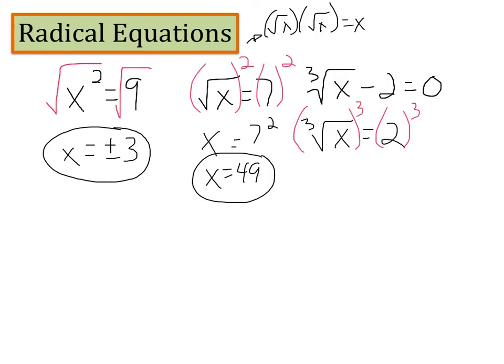When I do that, I have x on the left side, and then I have 2 cubed. 2 cubed equals 8. So these are pretty simple examples, but this is the main idea. You want to get x by itself, and then remove any radical or exponent notations that the variable has.